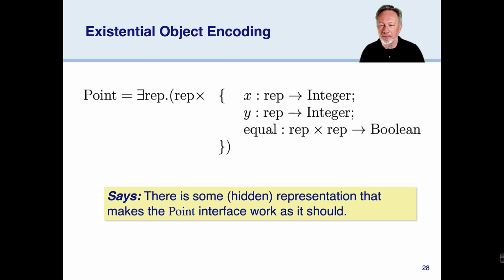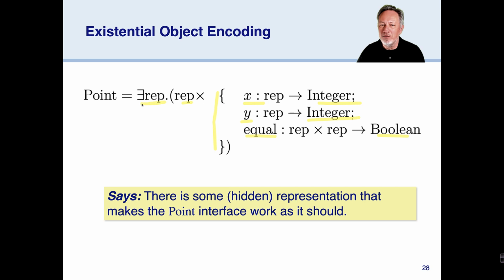Okay, so the first one, this one looks kind of nice. Let's see what this means. What's a point? A point is a record which has an x and a y that return an integer and an equality method that returns a boolean. And these things work with some representation, which is part of the implementation of the point, but the part we're interested in is the record.